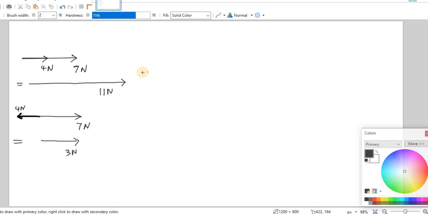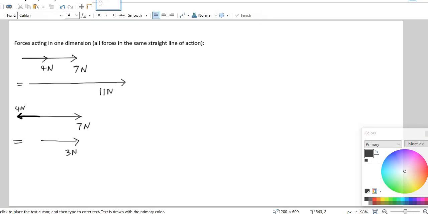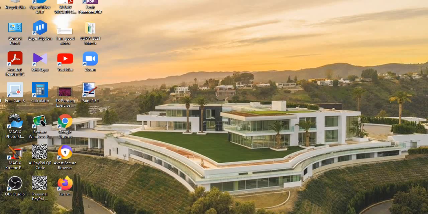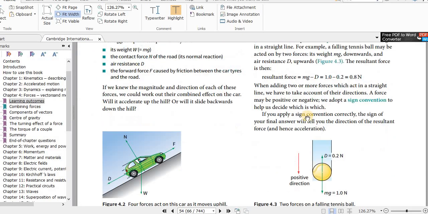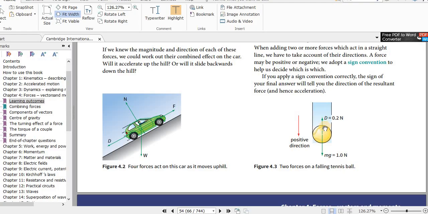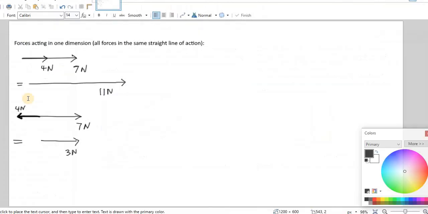Then we can have forces acting in two dimensions. All right, let's see the next one. So that's in one dimension. Now the example here also shows that. Remember what we found here is the resultant. Here the resultant is 11 newtons. Here the resultant is 3 newtons. So the resultant of these two forces is 11 newtons.